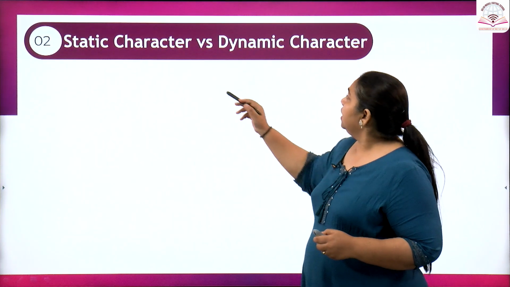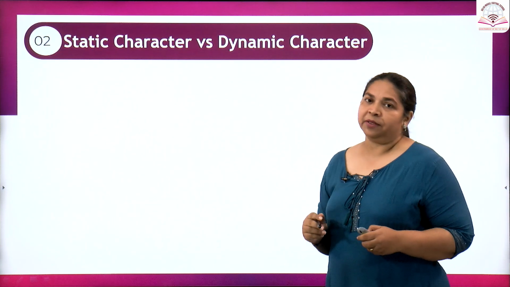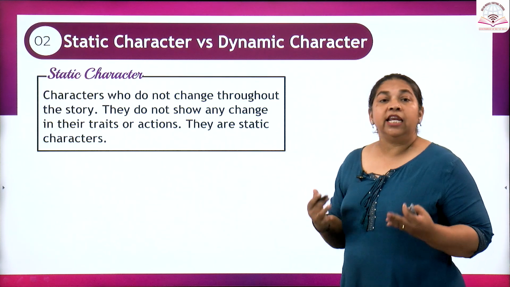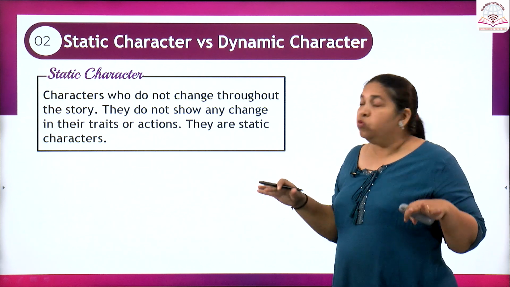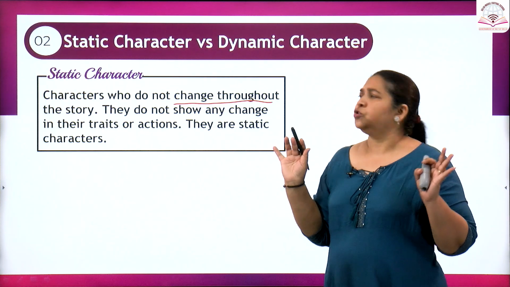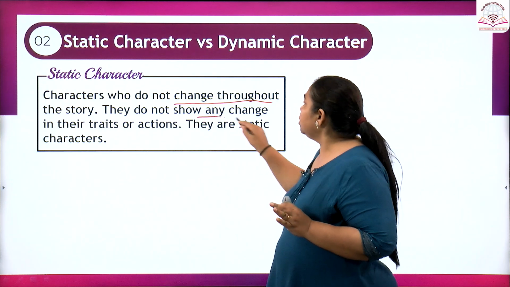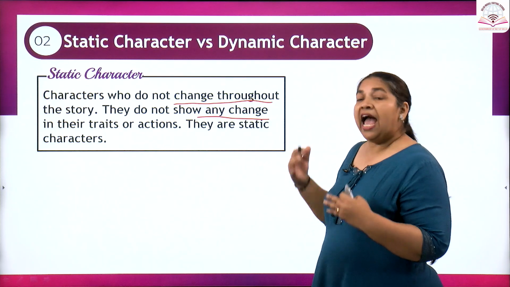Now the next is static character and dynamic character. Static, as the name says, is the character who doesn't move, who does not change throughout the story, and does not show any change in his traits or actions.